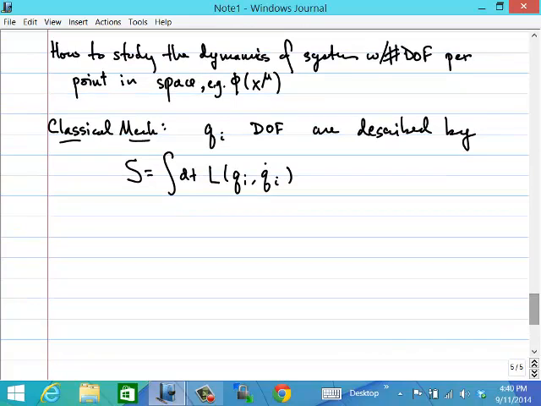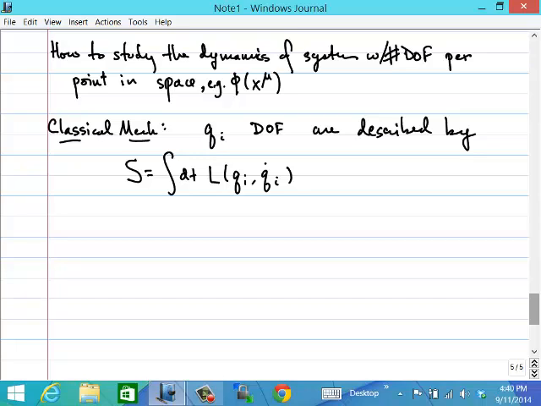In principle, it could also depend explicitly on time, although for simplicity, in this class we're mostly going to be focusing on cases where we don't have an explicit dependence of that sort.